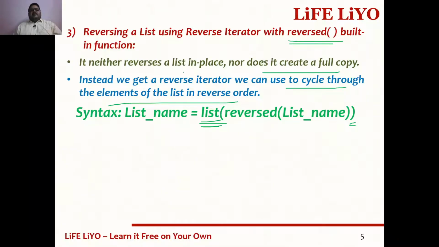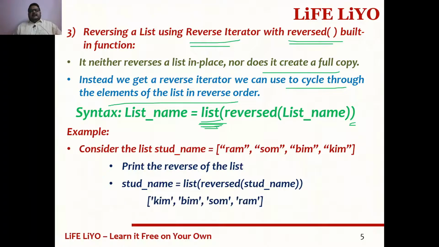This is another way of reversing a list using the reverse iterator. Here it is not reversing the list in place, nor taking a full copy. It is just accessing the elements in reverse order, which we convert into the list type. That is the example.